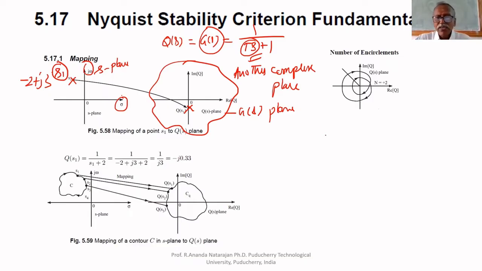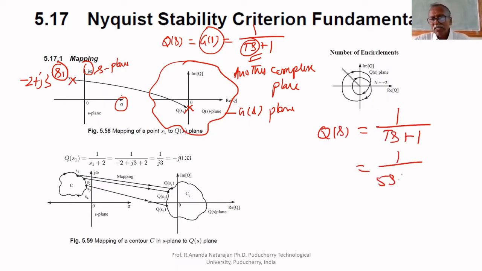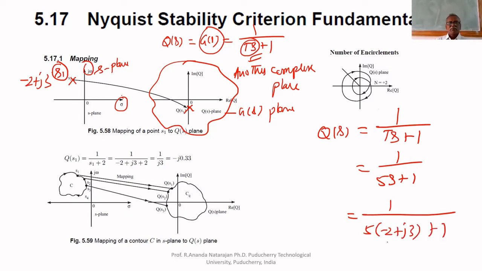I am taking Q of S equal to 1 by Ts plus 1, or 1 by 5s plus 1. In that, what is the taken point? Minus 5 multiplied by minus 2 plus J3 plus 1. If you simplify this, again you will get a complex number.